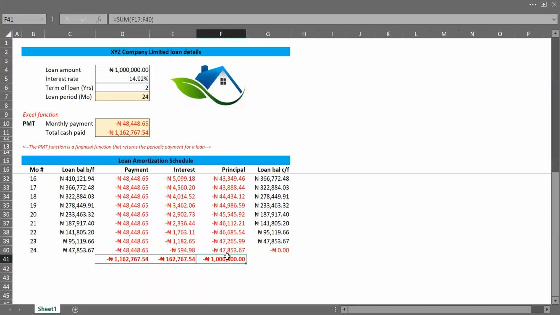So the addition of the principal amount borrowed initially and the interest portion paid as cost of borrowing that principal will give us a total payment of 1.162 million, which has been structured into 48,448 naira 65 kobo monthly for the next 24 months.